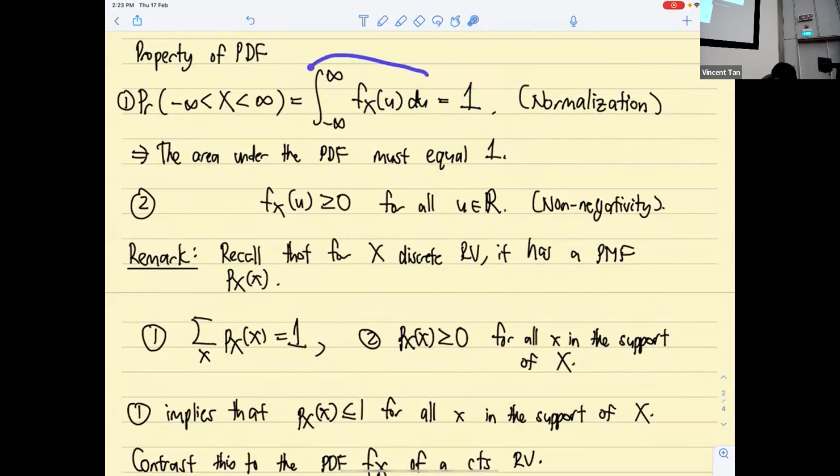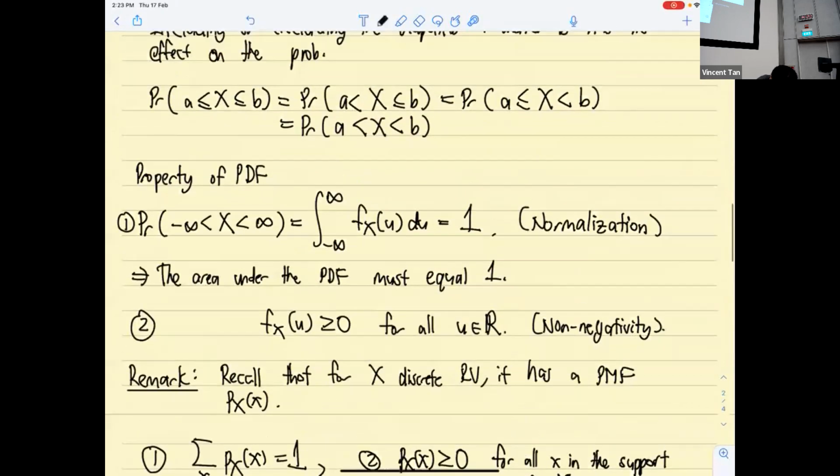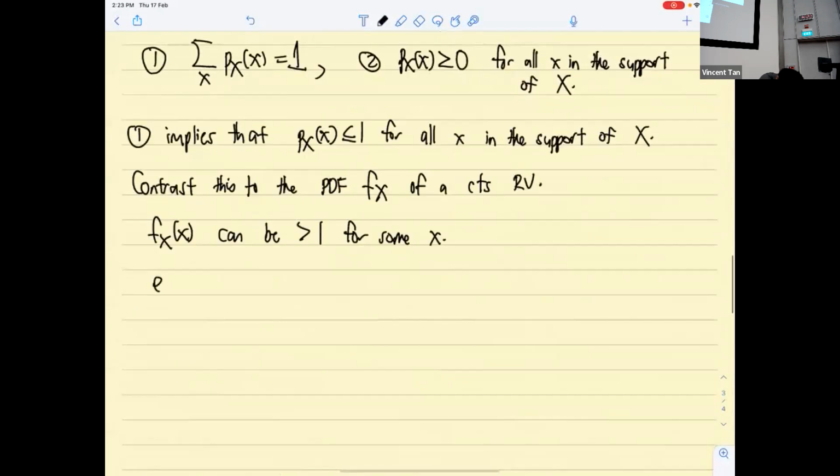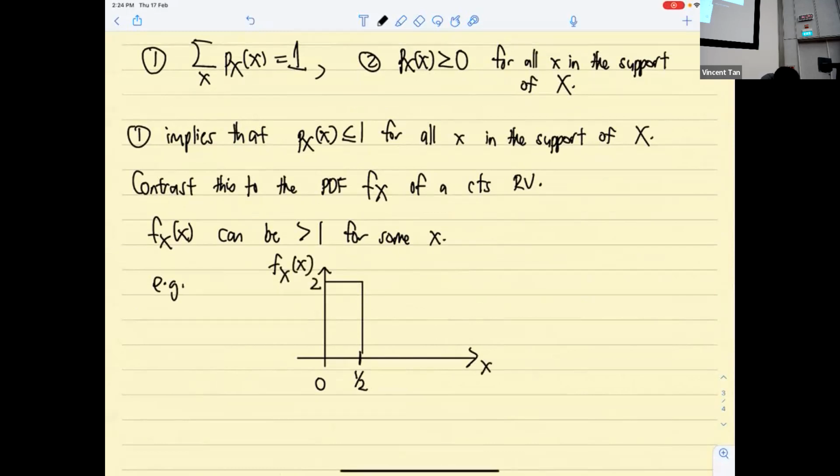If you have a non-negative function whose integral from minus infinity to plus infinity is equal to 1, that function need not be less than 1 all the time. For example, here we have this particular probability density function. Clearly, for this to integrate up to 1, f_X(x) here must be 2, so that the area here is 1.